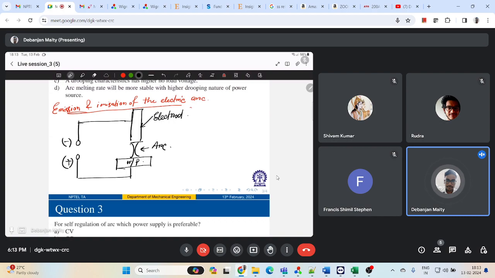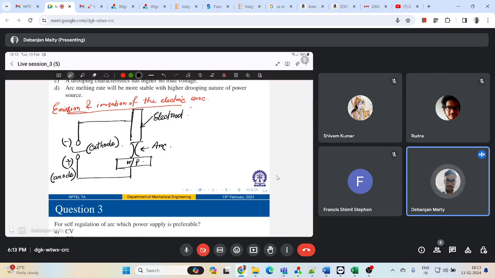Now, what does it show? This schematically shows an electric circuit which is used for arc welding, where my workpiece is the positive electrode, which is also called anode, and my electrode is the negative electrode, which is also called cathode. Correct? Now, what happened?